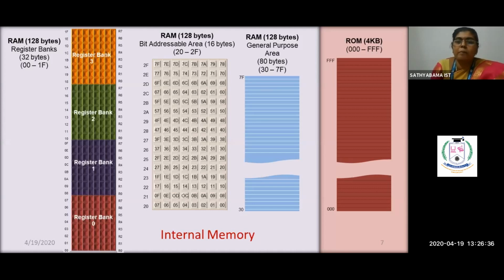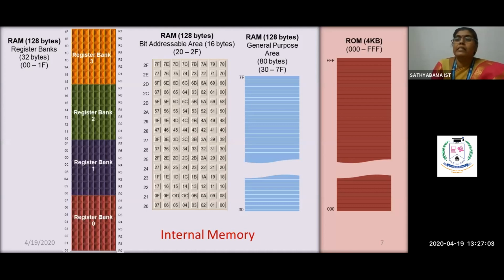For example, this is the bit address. This 00 represents, in byte address 20, the first bit. This is the bit addressable area. The third part is the general purpose area, 80 bytes, where we can store data. Then this is the internal read-only memory where we can store the program code bytes.